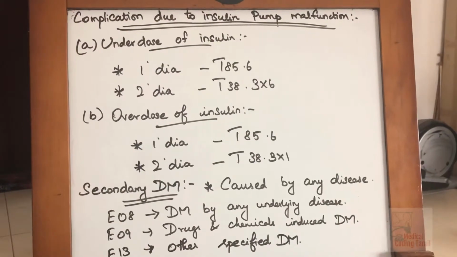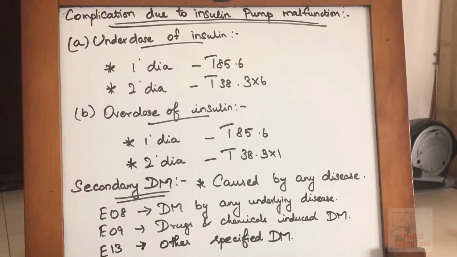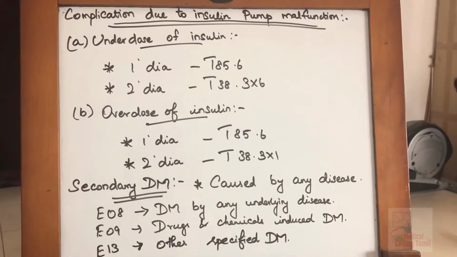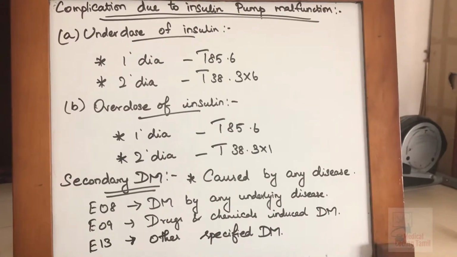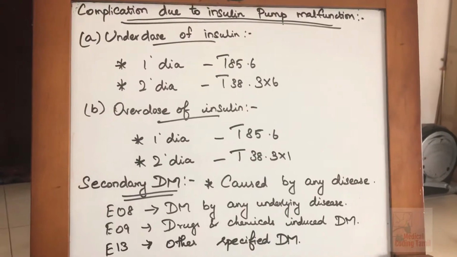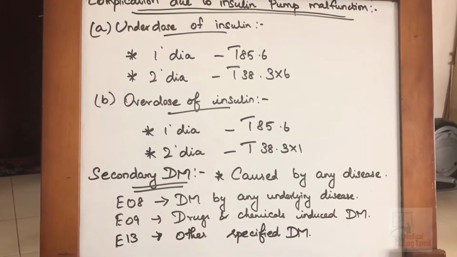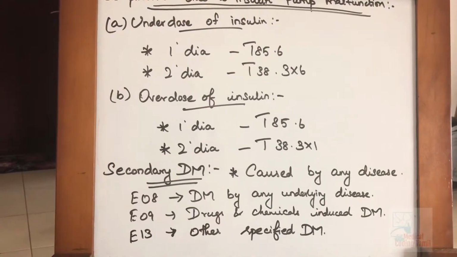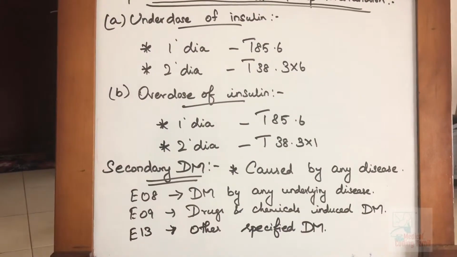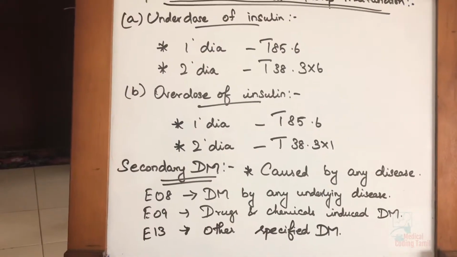And the next is complication due to insulin pump malfunction, which means the insulin pump is not working properly. If the pump is not working properly, then it will be underdose or overdose. If it is an underdose of insulin, then we have to give the principal diagnosis of T85.6, which means the device, the insulin pump, is not working properly.